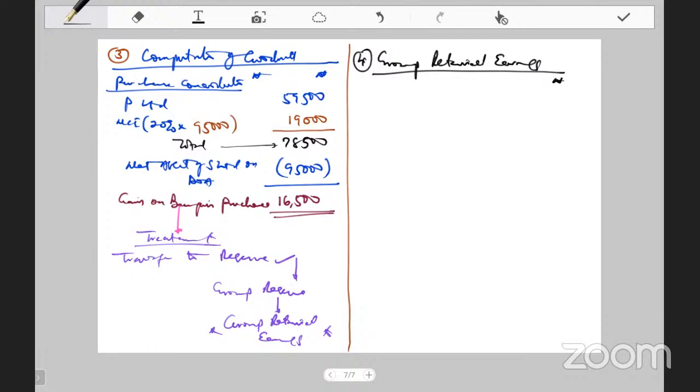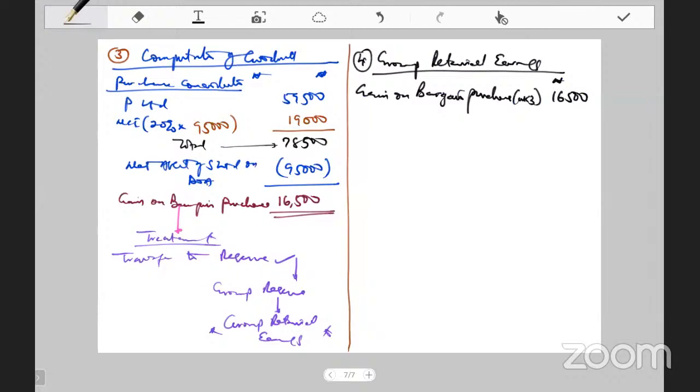After doing all the adjustments, I will now ask myself, have all the 5 steps been concluded? So I come here, group retained earnings. I will add gain on bargain purchases. And what's the amount? That is coming from working 3. How much do I have, class? 16,500.